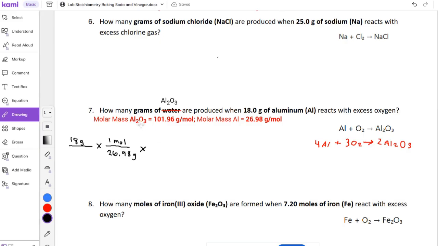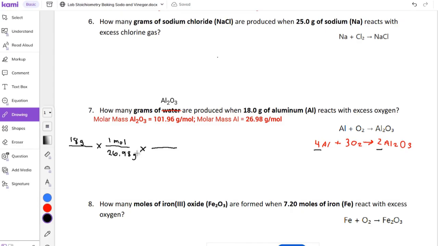So it's aluminum oxide to aluminum, and you can see the ratio is 2 to 4 or 4 to 2, but which one goes on top? That's what we got to figure out. The one we want to get rid of will go on the bottom. We've already got grams of aluminum here. This is what 1 mole of aluminum is here.